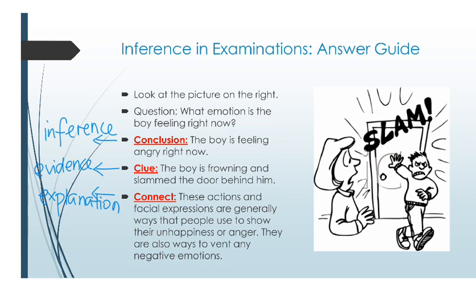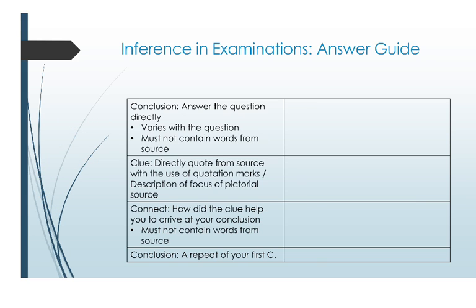So, in an exam, how would this look like? Let me give you an example source-based paper that you can refer to. And before that, I'm going to give you an answer guide. This is usually the answer guide that I get my students to learn.